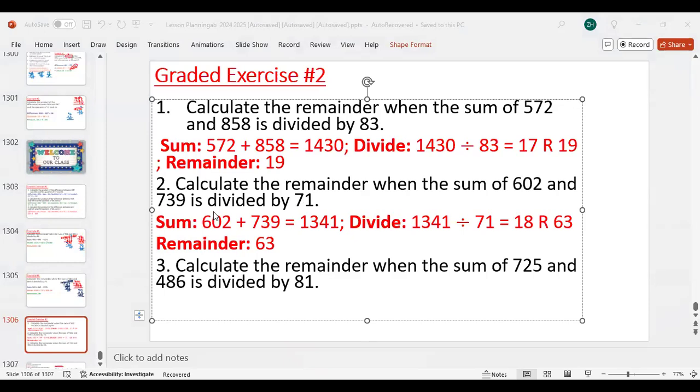Good. Let's move on to the next one. The sum is 725 plus 486, which equals 1,211. Then we divide 1,211 by 81.